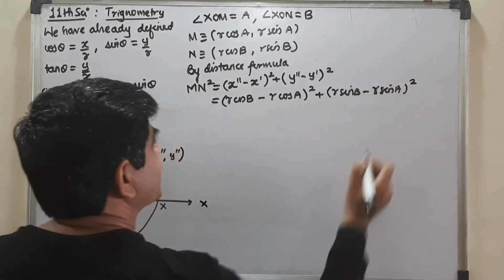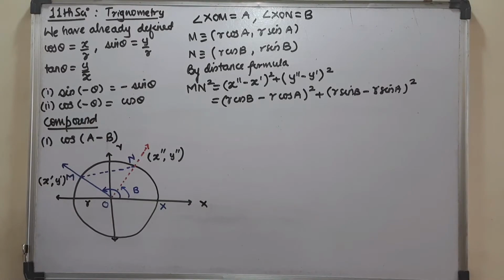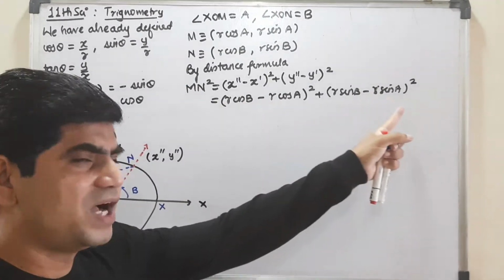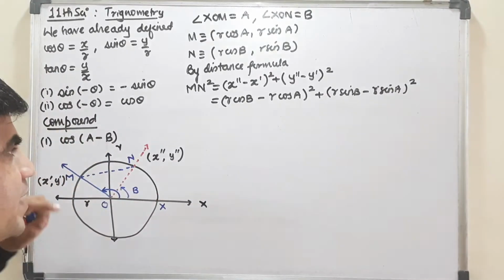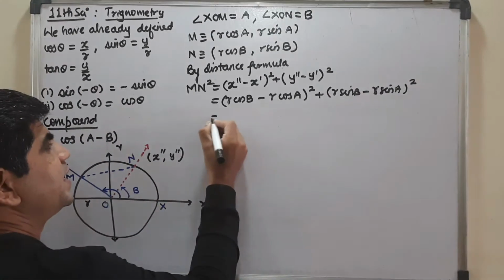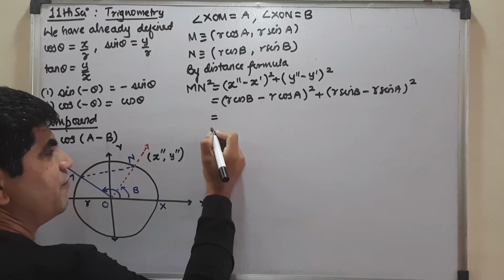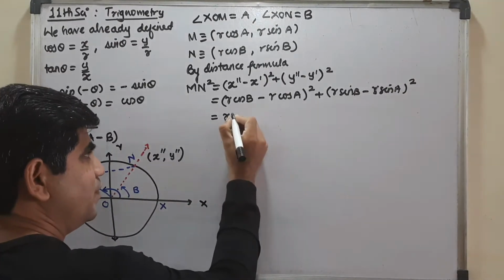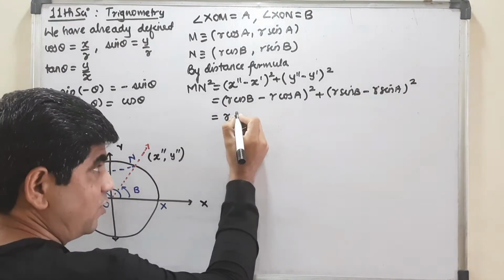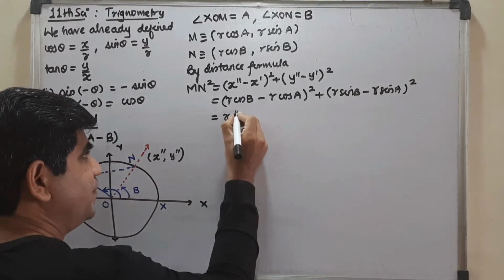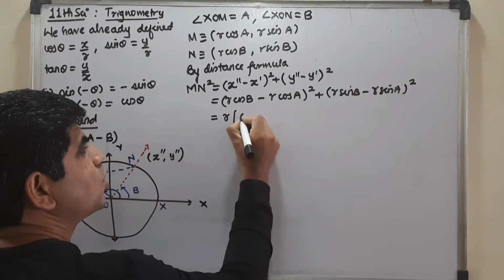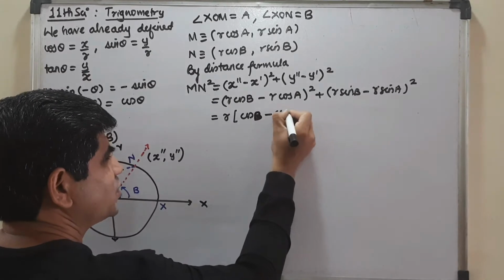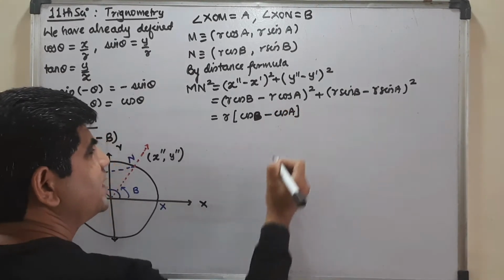The whole square. So it can be very clearly seen that R is common. Here also R is common, right? So you can take it outside if you want. So what you get here, R common for both of them, so it will become R times cos B minus cos A, right?